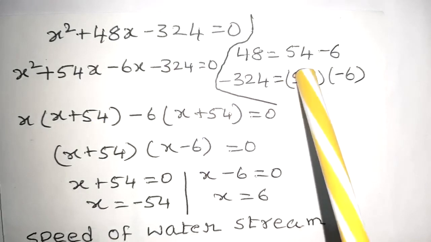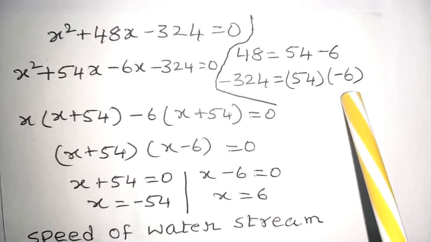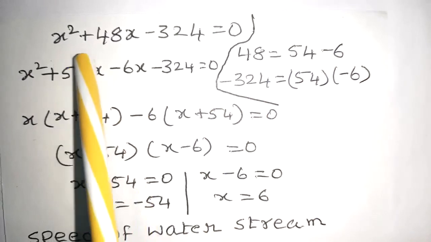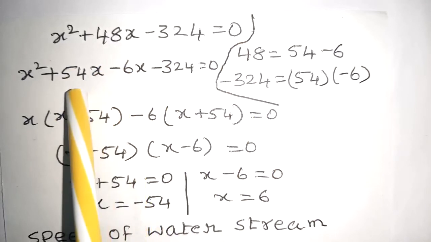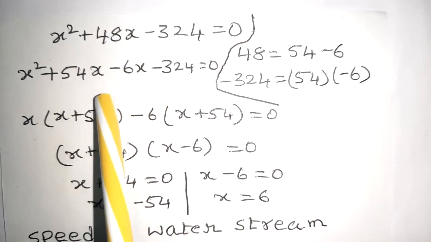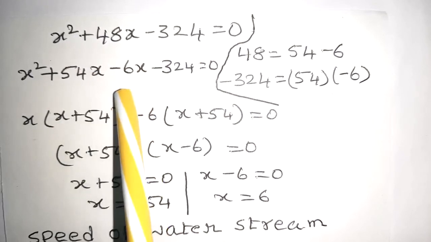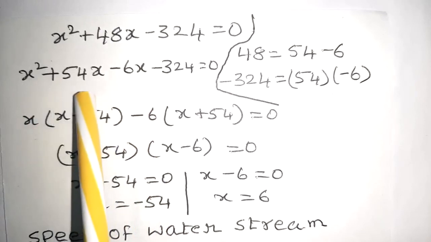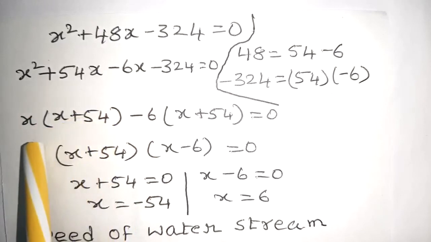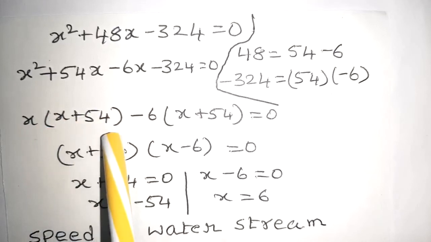48 is written as 54 minus 6, and minus 324 is written as 54 multiplied by minus 6. x square plus 48x minus 324 equal to 0. 48x is written as 54x minus 6x. Considering x square plus 54x, we can write x multiplied by x plus 54.